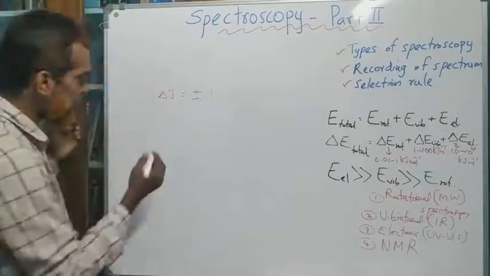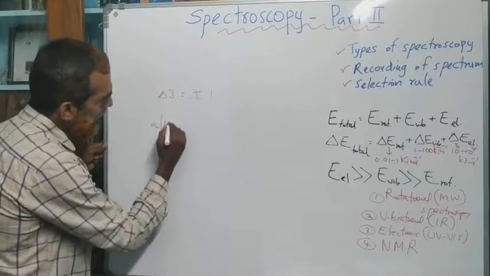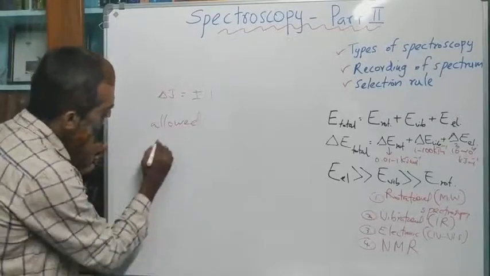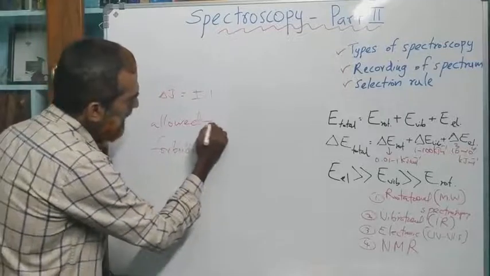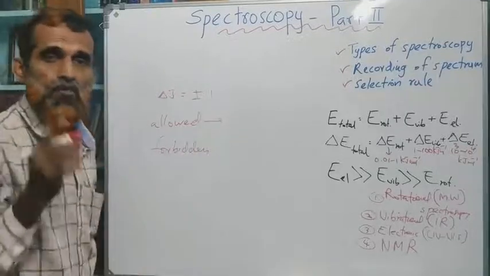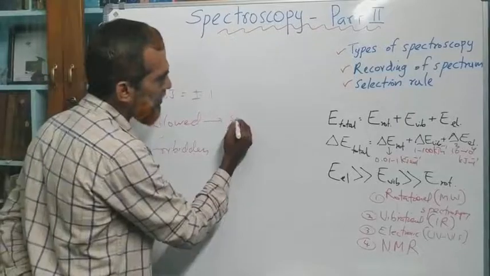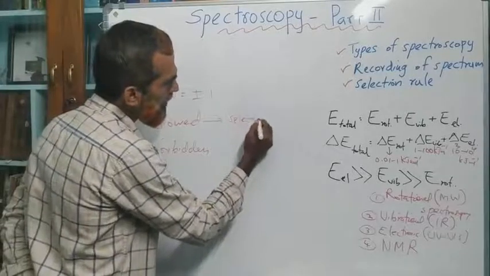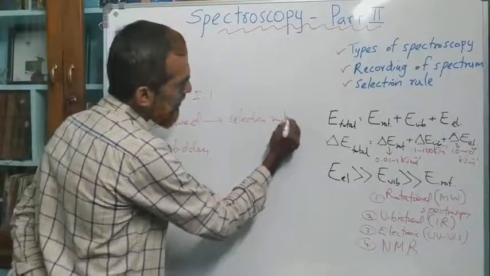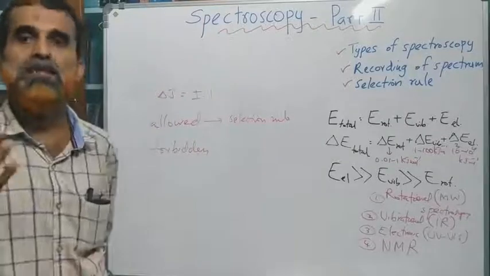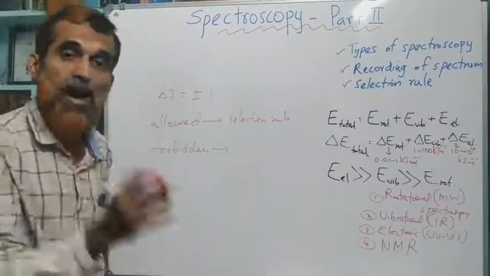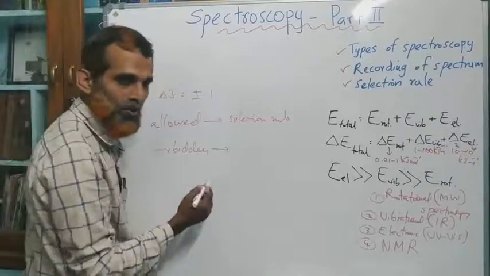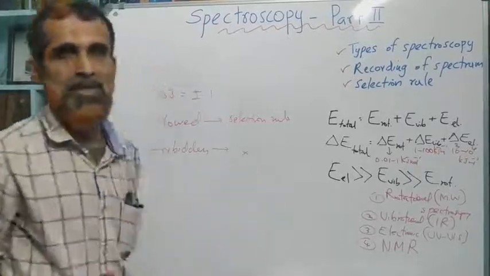However, in molecules, there occur transitions which are against the selection rule. So there are two types of transitions: allowed transitions and forbidden transitions. Allowed transitions are transitions which are in agreement with the selection rule, transitions which follow the selection rule. Forbidden transitions are transitions which violate the selection rule.